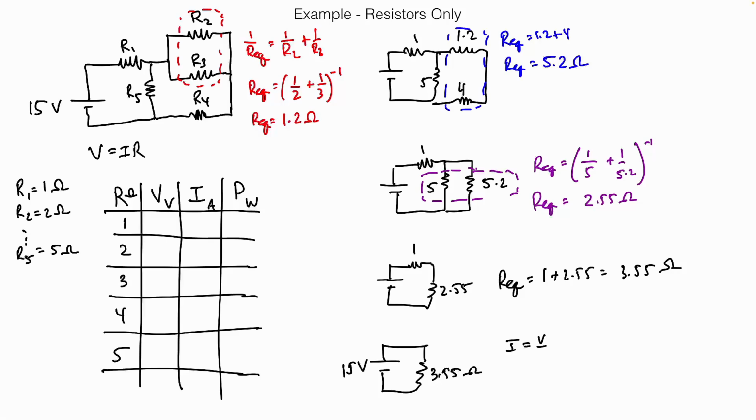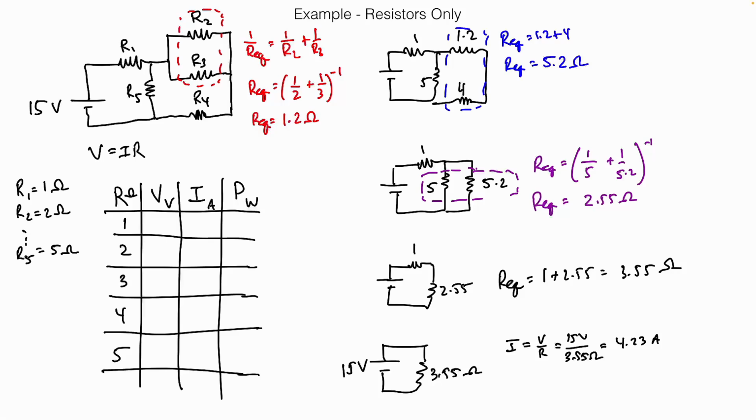The current, which is the voltage divided by the resistance, if I rearrange Ohm's law. So that's 15 volts divided by 3.55 ohms, which gets me 4.23 amps.